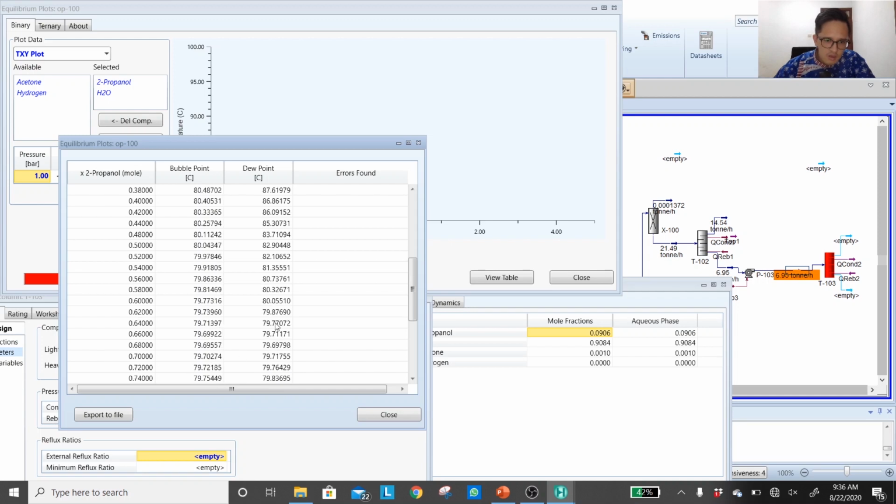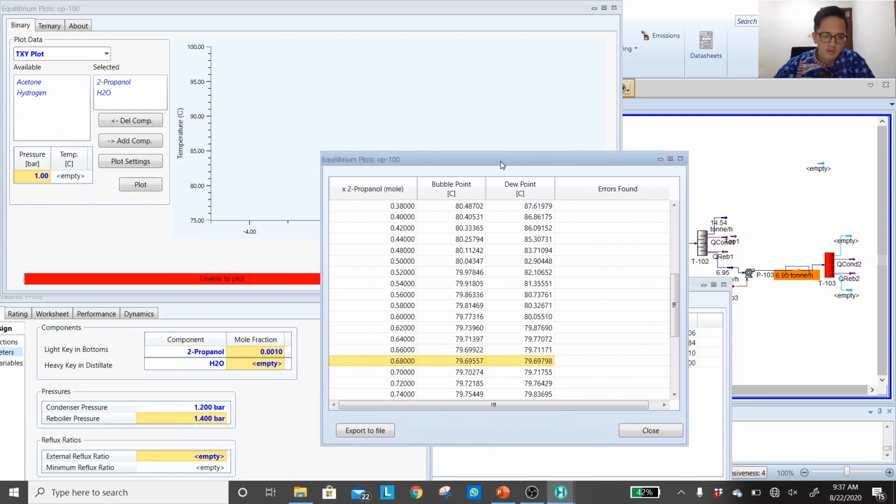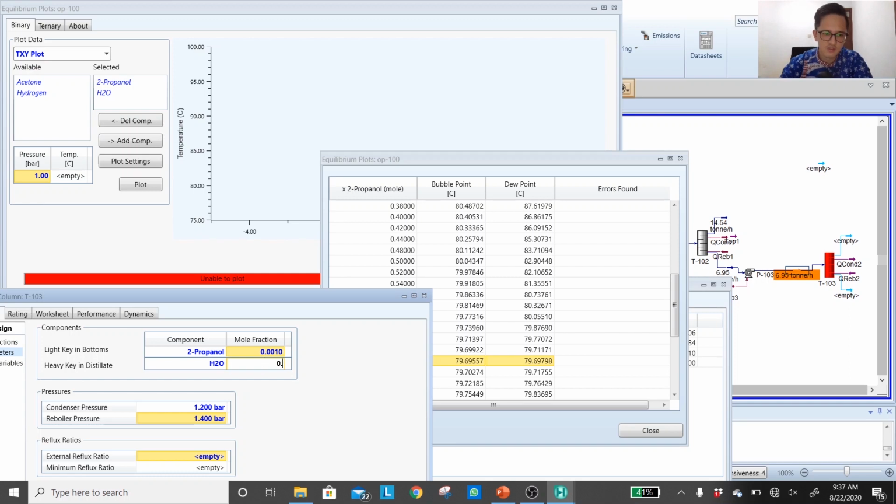It's going to be at around 0.68 mole fraction of propanol. So I can get pure propanol. The maximum would be close to or below this 68%. Just to make it safe, let's say I will allow 40% of water in my recycle stream. So let's try 0.4.